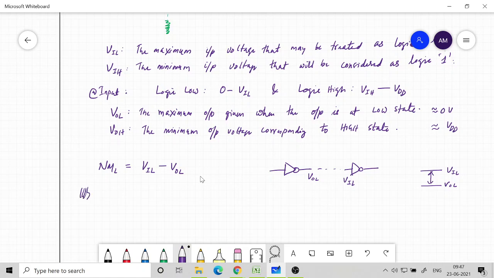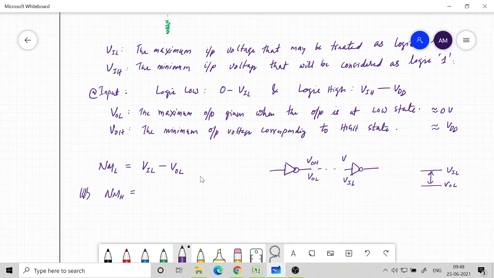Similarly, noise margin for high level is basically: I give at the output VOH, which is very close to VDD, but the input need not be very close to VDD.